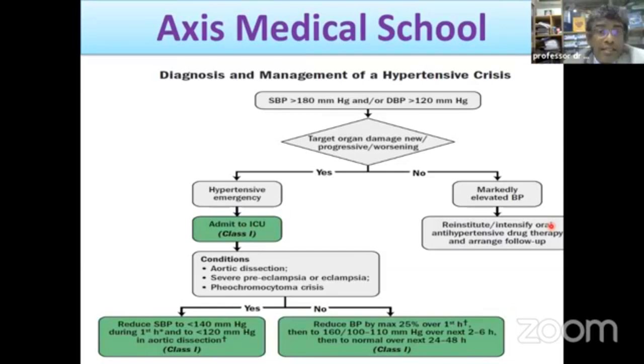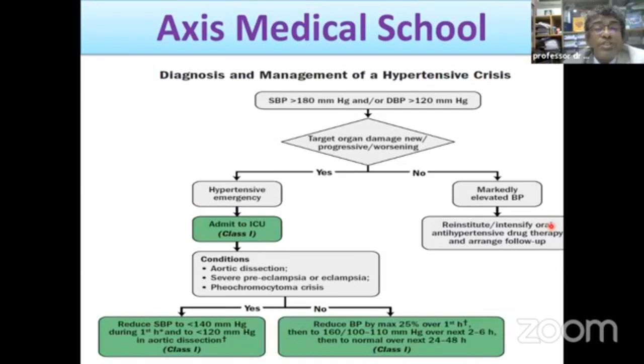And there may be some associated conditions like aortic dissection, severe preeclampsia or eclampsia, or pheochromocytoma. If these are present, reduce systolic blood pressure to 140 millimeter mercury during the first hour, and to less than 120 millimeter mercury in case of aortic dissection.